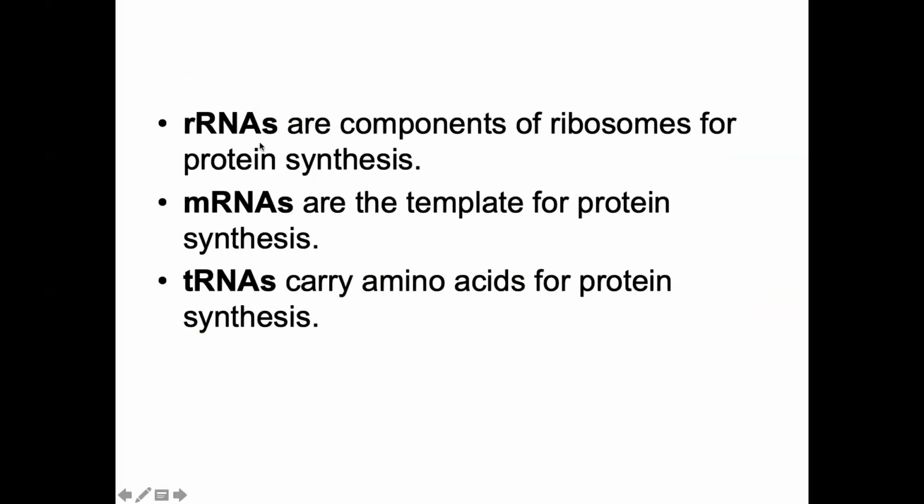So rRNAs, ribosomal RNAs, are components of the ribosomes, the actual protein synthesis machinery within the cell. tRNAs, transfer RNAs, carry the amino acids, the individual building blocks for protein assembly in the cell, carry those amino acids to the ribosome that then lead to protein assembly. And how is the order of those amino acids determined? How does the ribosome know the sequence of amino acids to generate during this process of synthesis?